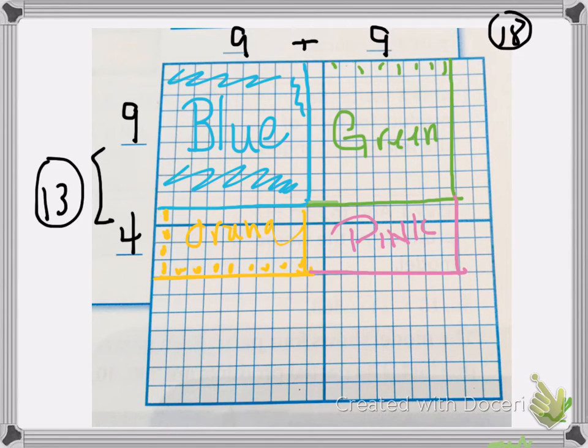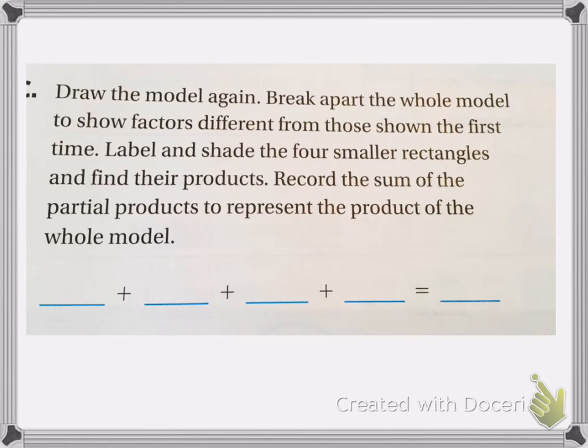So let's go back and fill in our equation. Based on what we just drew, we know that 9 times 9 is 81, plus 9 times 9 in the green was 81. So I've taken care of my blue and my green area.